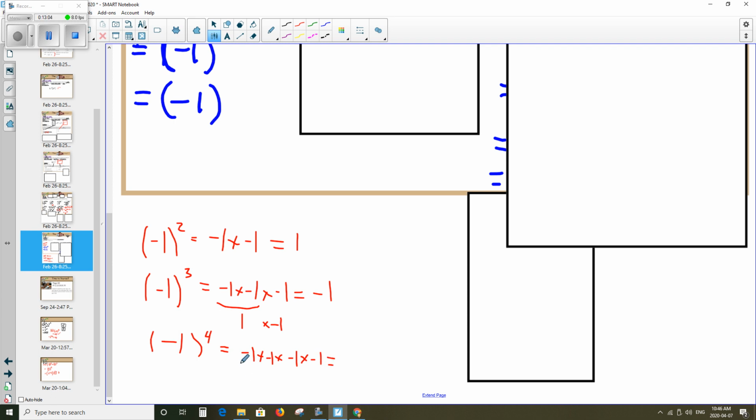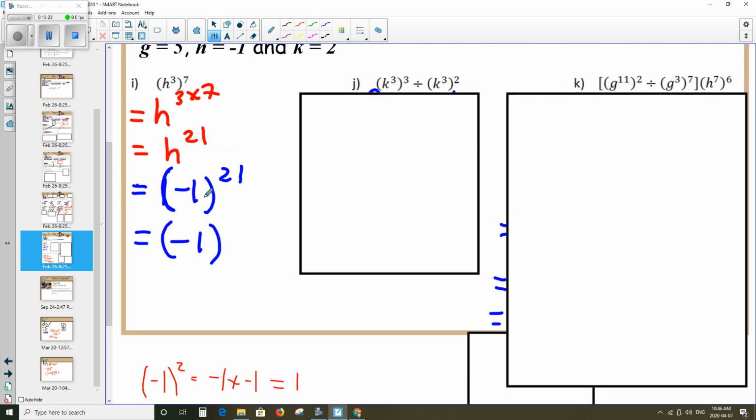What's happening here? -1 times -1 gives you +1, and over here -1 times -1 gives you +1. So you're left with +1 times +1, which is a positive. See how they're alternating? Every time you have an even exponent, the answer is going to be positive. If you have an odd exponent, the answer will be negative. That's why here the answer is -1, because we have an odd exponent.